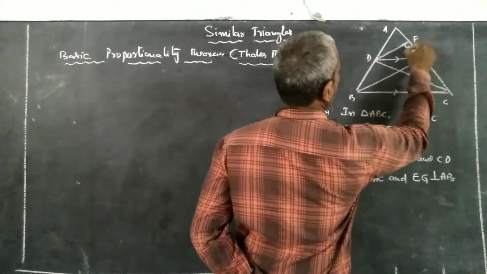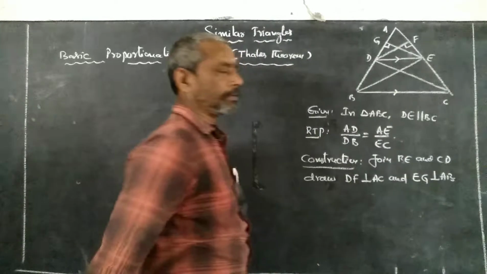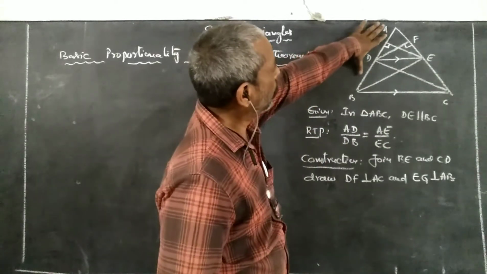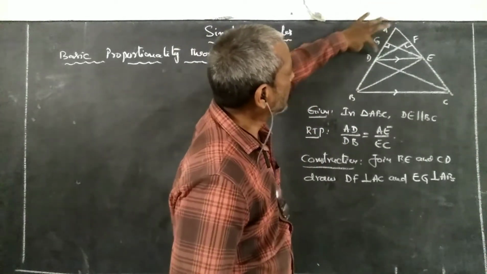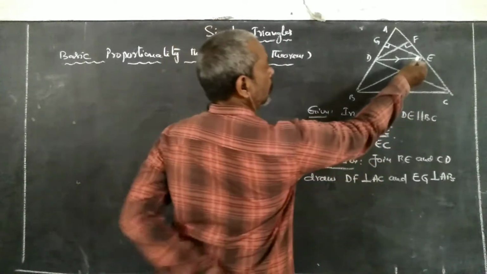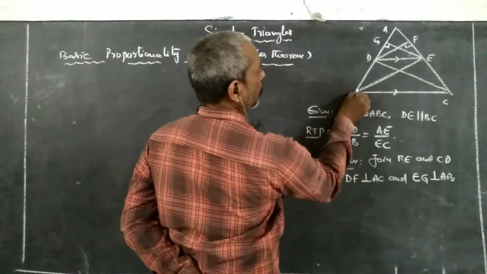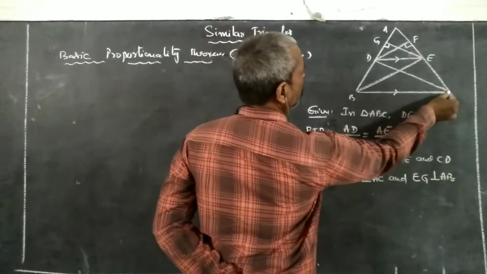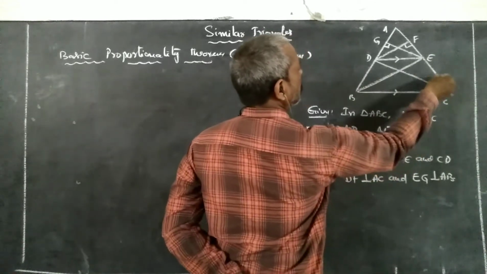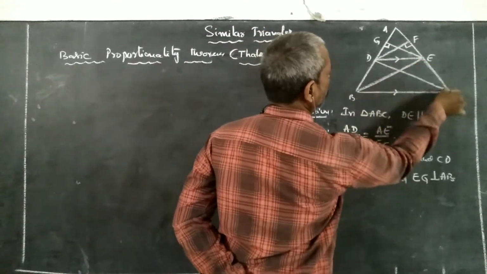Then DF and GE are altitudes of triangle ADE, with base AE and base AD respectively. Also, EG is the altitude of triangle BDE when BD is produced to A. Similarly, DF is the altitude of triangle CDE when CE is produced to A.